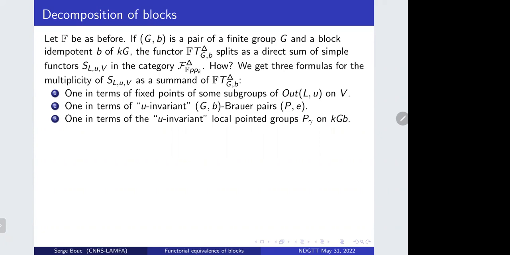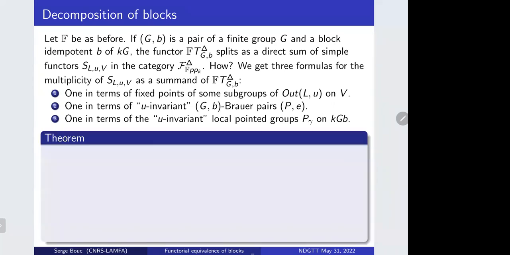So Brauer pairs were introduced by Alperin and Broué in 1979. And local pointed groups were introduced by Puig in 1981, I think. Anyway, I won't go into details. I can give you more information on this formula if you're interested. Anyway, these formulas are precise enough to allow us to prove, for example, the following result.